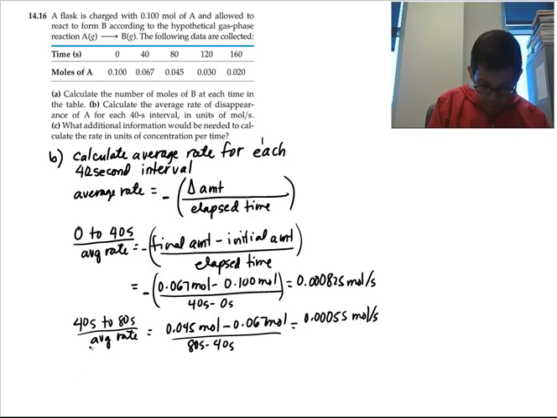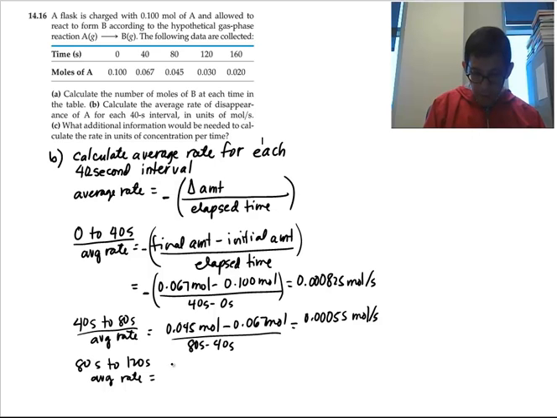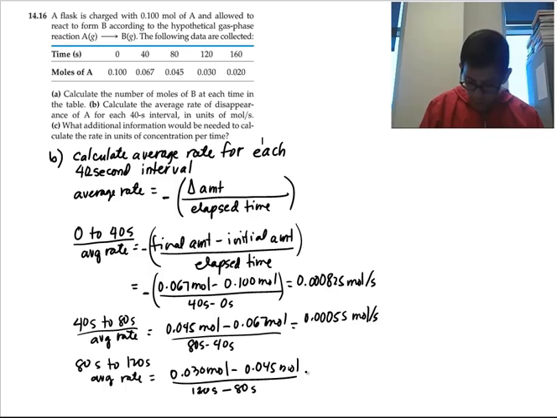Next, 80 seconds to 120 seconds. Average rate is equal to the amount at 120 seconds, which is 0.030 moles, minus the amount at 80 seconds, 0.045 moles, and the elapsed time is 120 seconds minus 80 seconds, and get the negative of that.